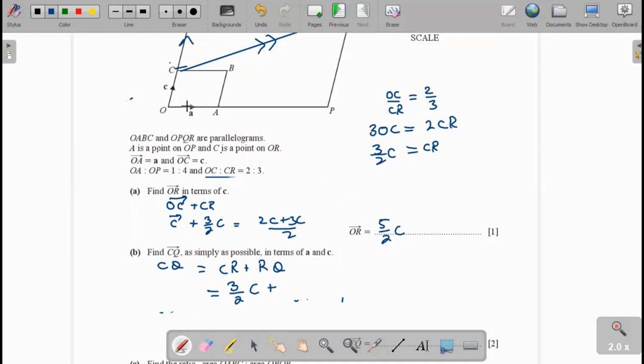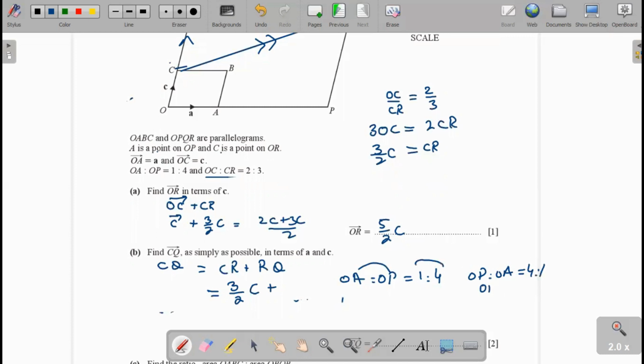Firstly, we find OP from this ratio. The ratio OA to OP is given as 1 to 4. Therefore the ratio OP to OA will be 4 to 1. We reverse the ratio.